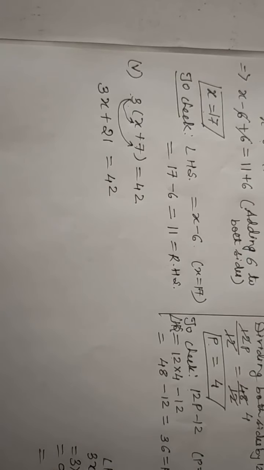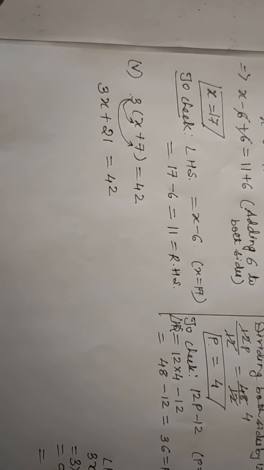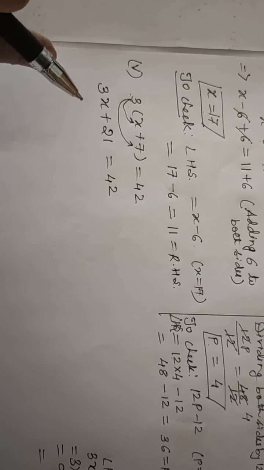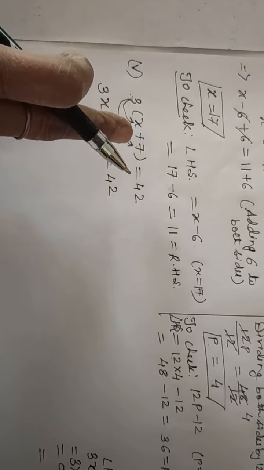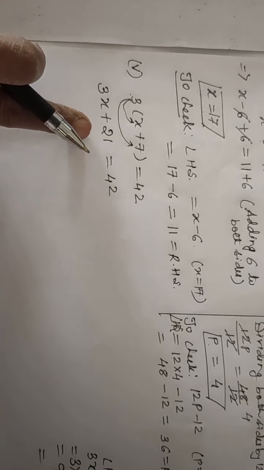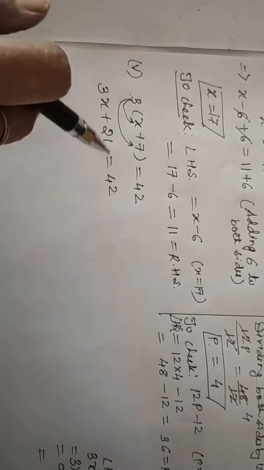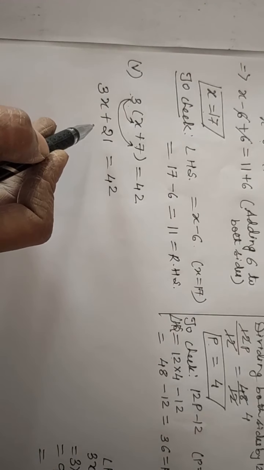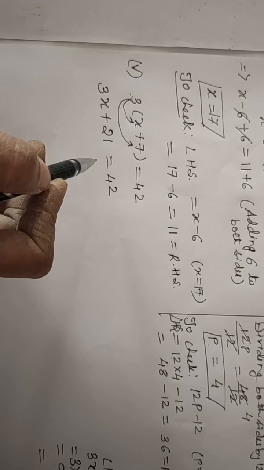Now this sum is the same as what we have done till now. This type of sum we have done, the second one. So first you just have to simplify, and then the steps are the same. It means you will write subtracting 21 from both sides.